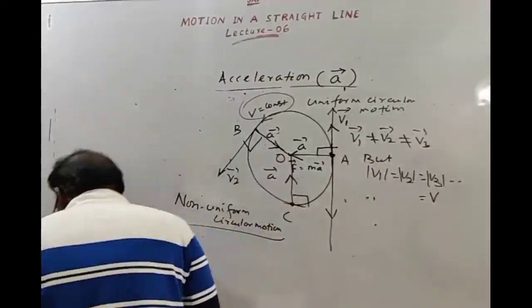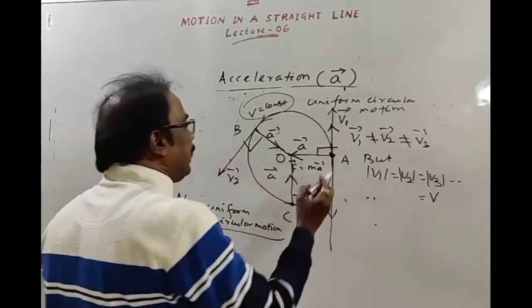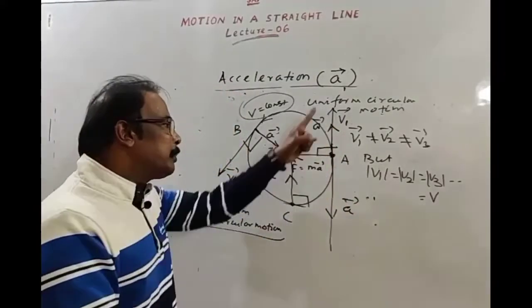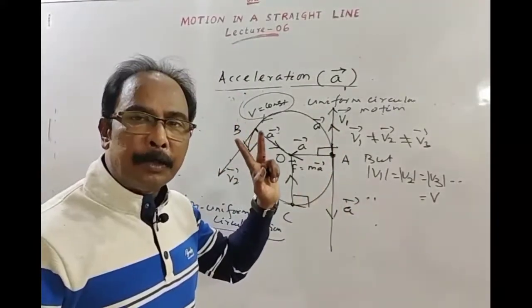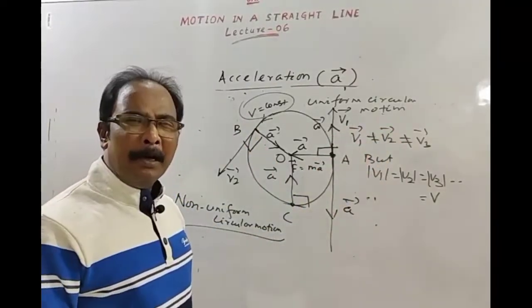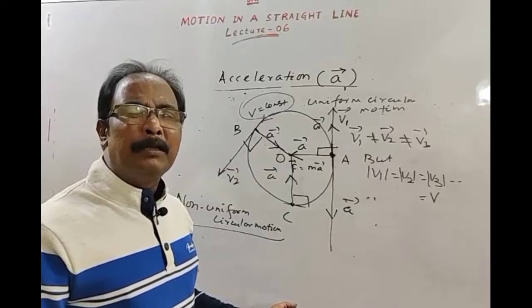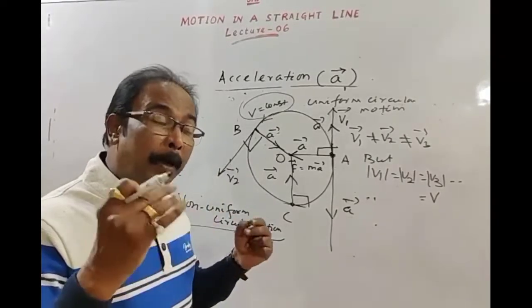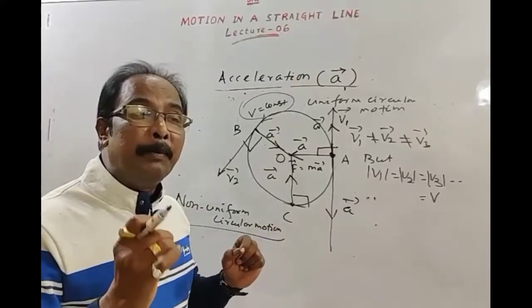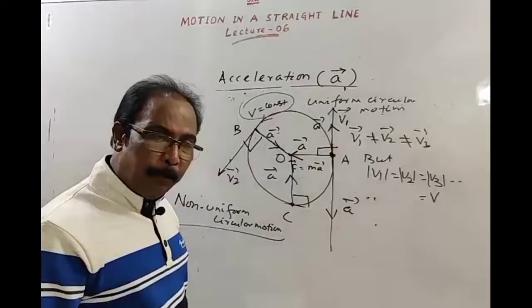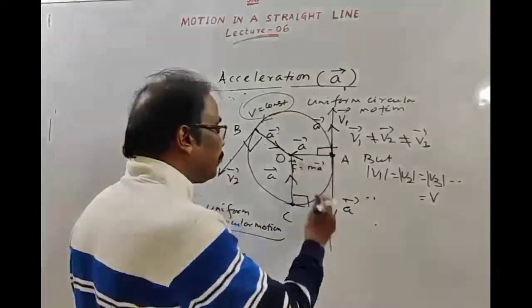So acceleration may be along the direction of velocity or opposite to it, meaning anti-parallel to the direction of velocity. So for non-uniform circular motion, when velocity changes due to change in both magnitude and direction, there must be two components of acceleration.